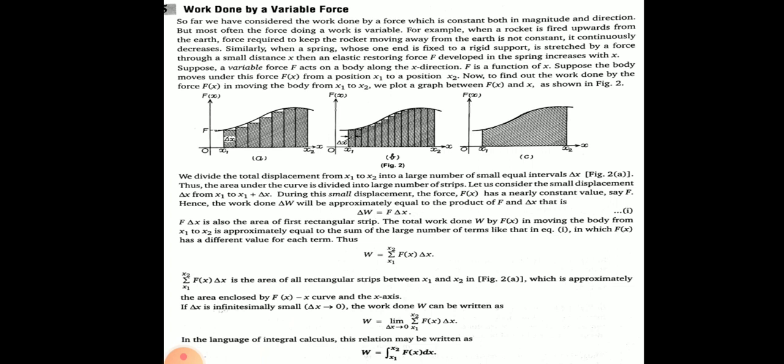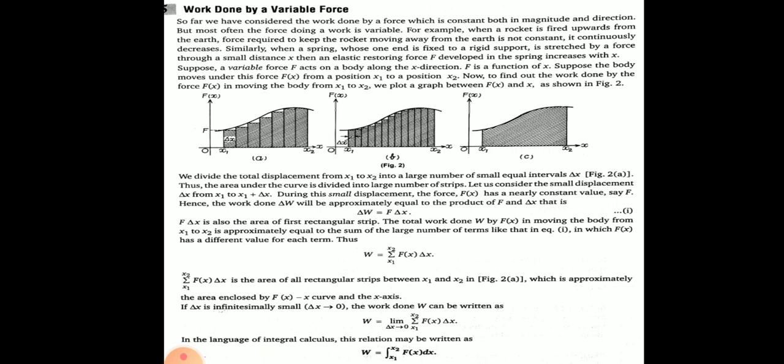But it is a very rare phenomenon that work is done by a constant force. In most of the practical cases, work is done by variable force. We have already concluded that the area under the force displacement curve represents work. So let us take an example as shown in the diagram.